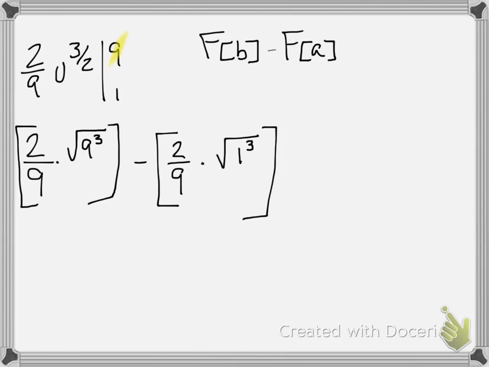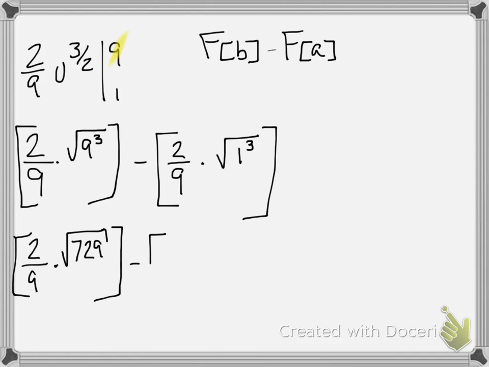Okay, so now going through and doing all that, we're going to have 2/9 times the square root of 9 cubed, which is 729. Minus 2/9 times, 1 raised to anything is 1, square root of 1 is 1.